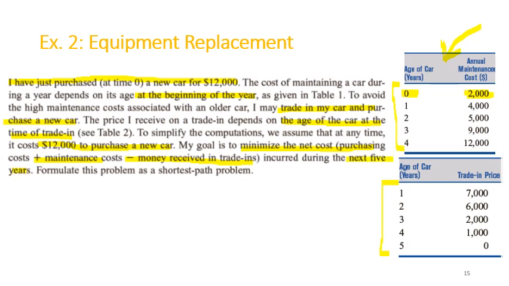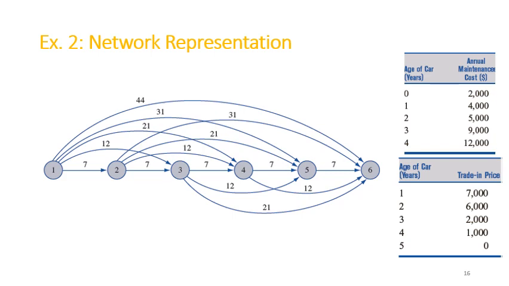We are asked to formulate this problem as a shortest path problem. Remember that a network consists of nodes and arcs. Here the nodes are the beginning of the year: beginning of year 1, year 2, up to the beginning of year 6.